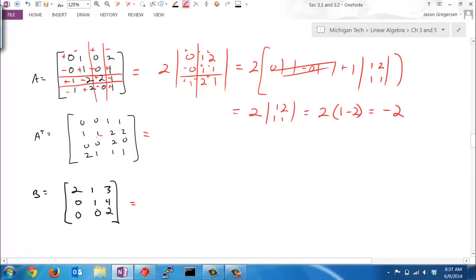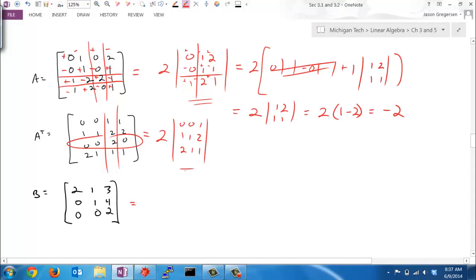So if I expand along this direction, it's going to be 2 times some subdeterminant. If I eliminate that row and that column, I get 0, 0, 1, 1, 1, 2, and 2, 1, 1, which looks like the transpose of this little piece.